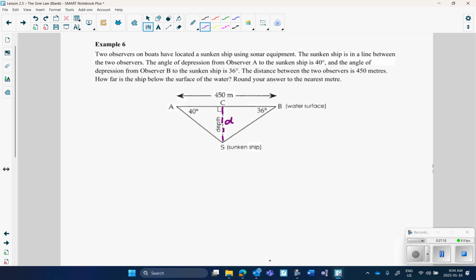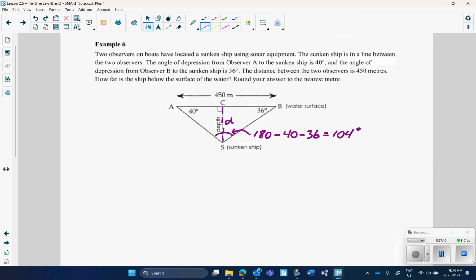Well, looking at the big one, this is going to be 180 minus 40 minus 36, which gives us 104 degrees.